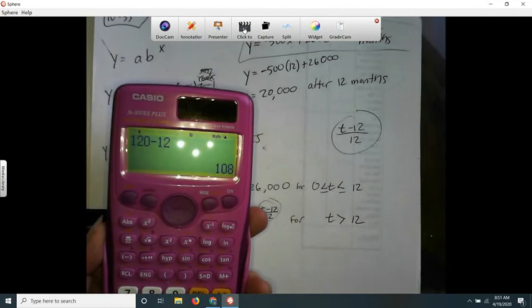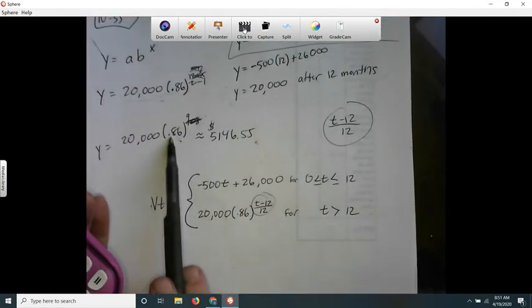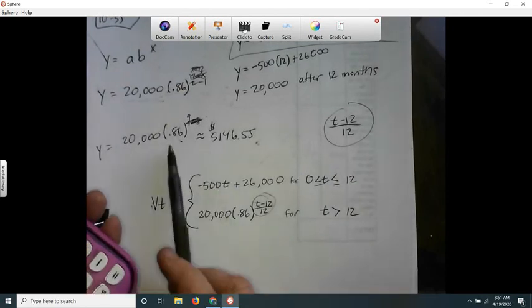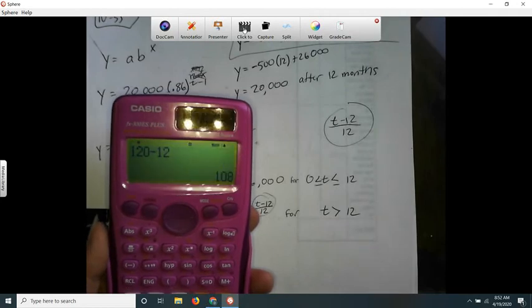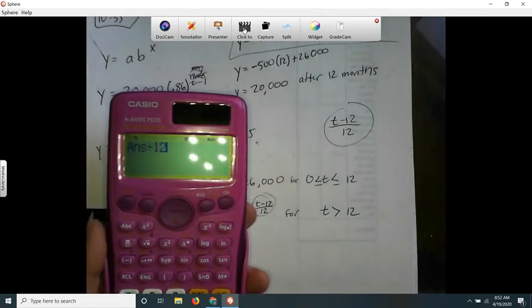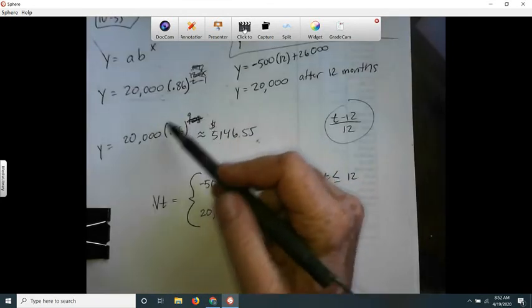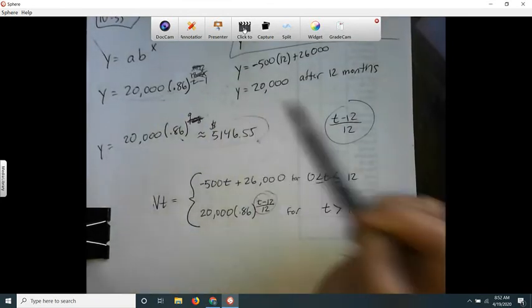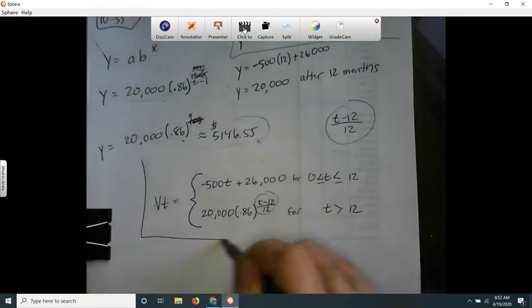But then that's in months, and you don't want to put months on there because it's 14% per year that it's losing, so you need to convert those to years, so you divide by 12. And then you get 9, and if you raise this to the 9th power, then it turns out okay. So I'm guessing that's what was confusing, right there. But here is your piecewise function.